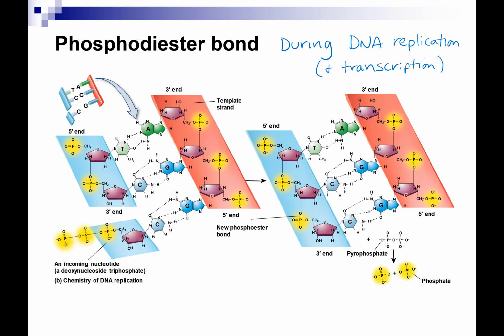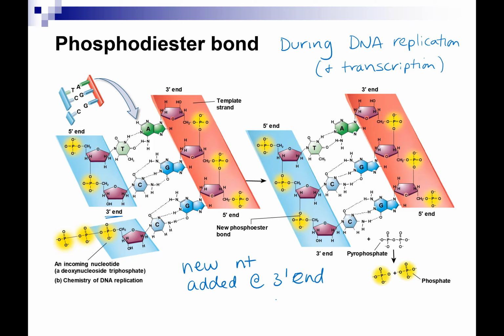Okay? It's always added at the 3' end for DNA and RNA. Let's write this. New nucleotide added at 3' end.